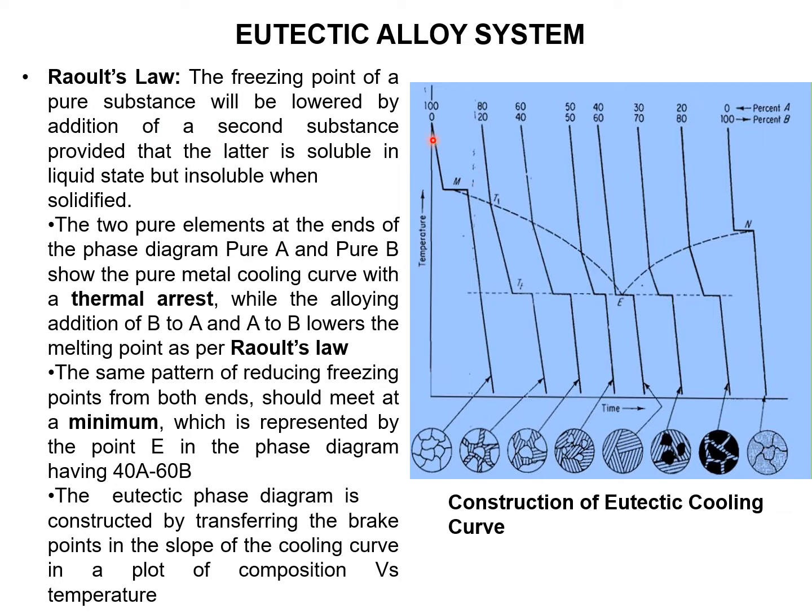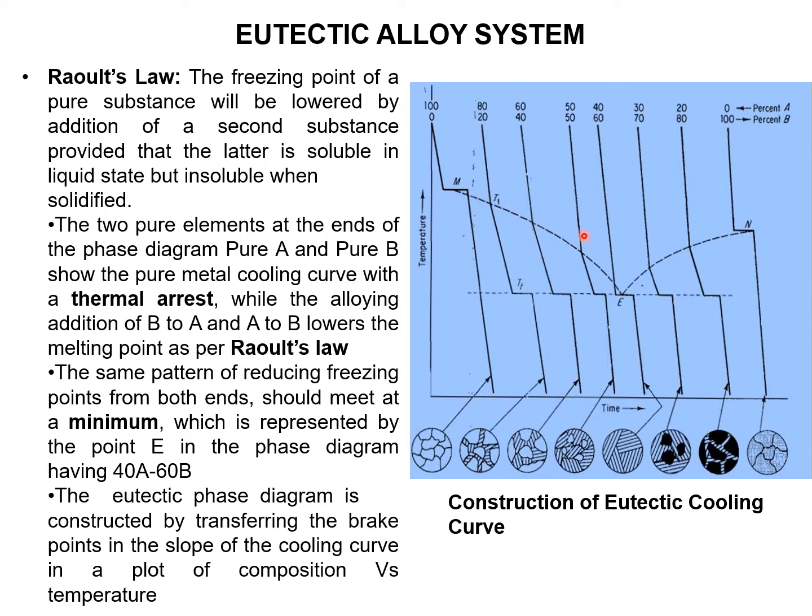So first we can observe here. I am taking 100% A, 0% B. So it is a pure metal. For a pure metal, at constant temperature, the entire liquid converts into solid. Now I am taking 80% A, 20% B. Then the freezing point is reduced compared to the pure metal. Again at 60% A, 40% B, the freezing point is reducing.